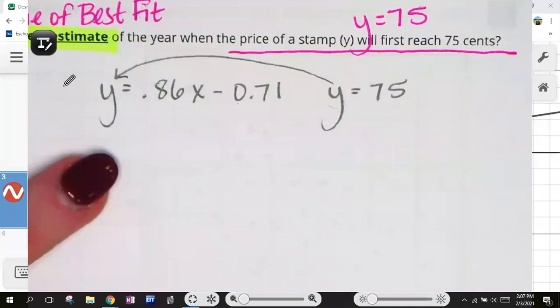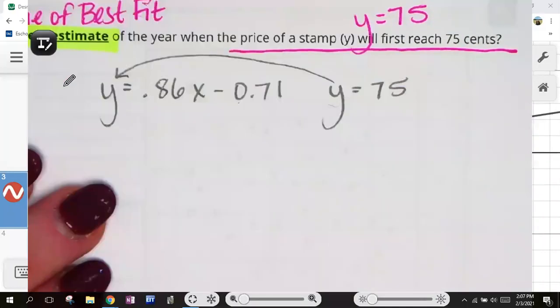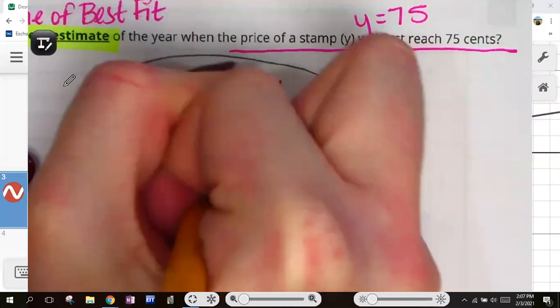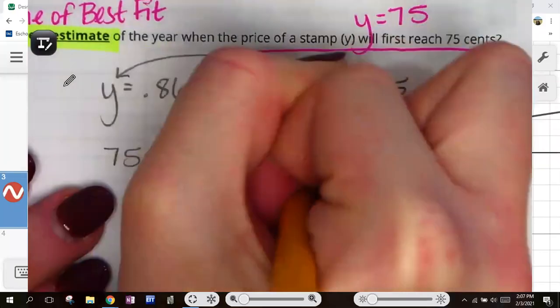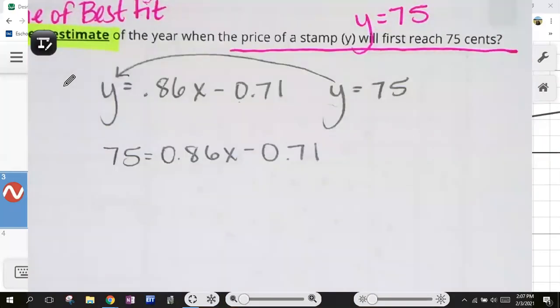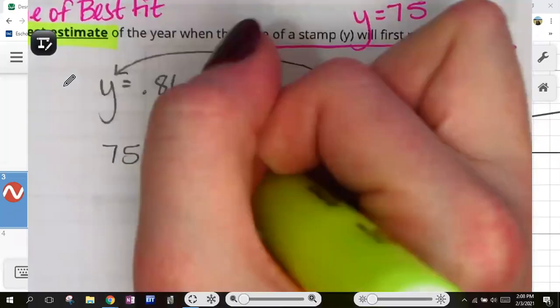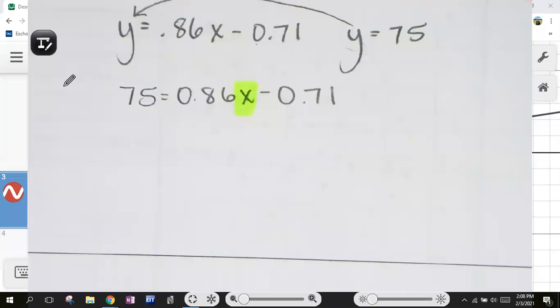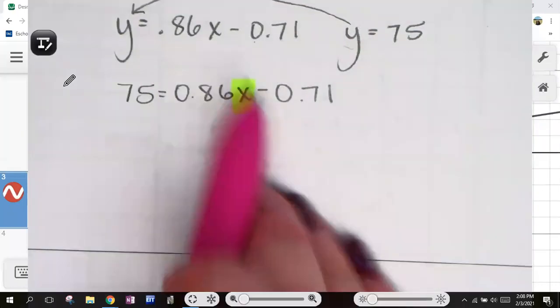So my equation is 75 equals 0.86x minus 0.71. Okay, got to solve for x. We got to find the year. This takes us back to last unit. How do I get that x by itself? I start with the term that is furthest away.